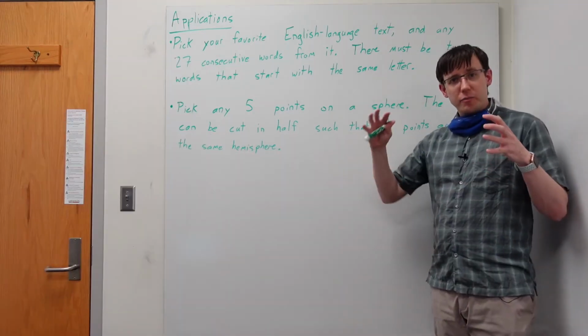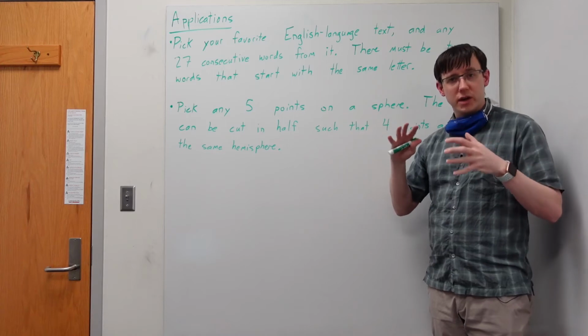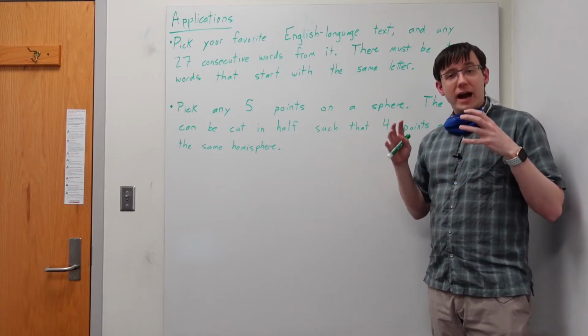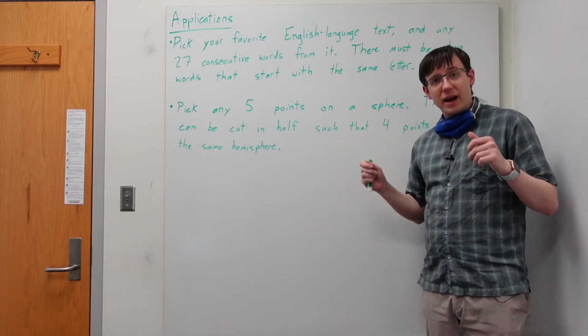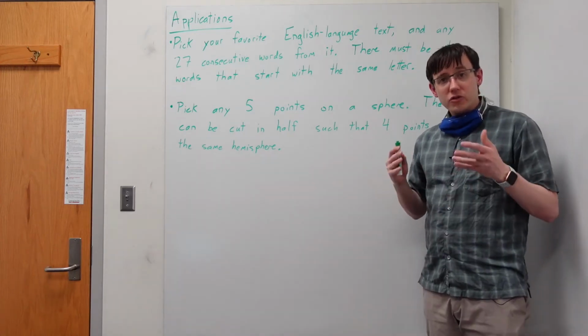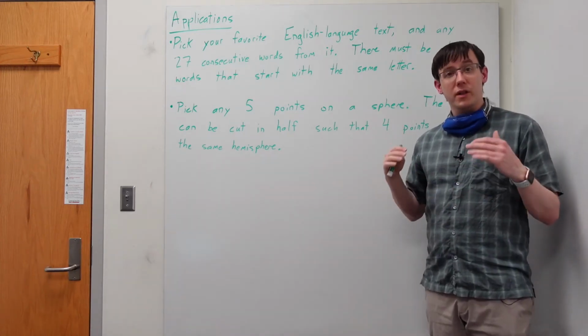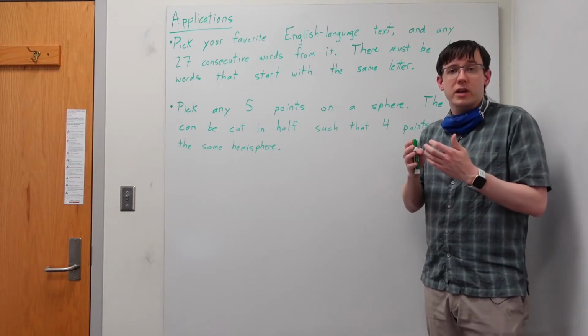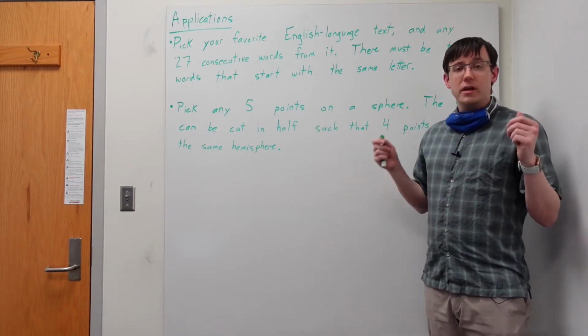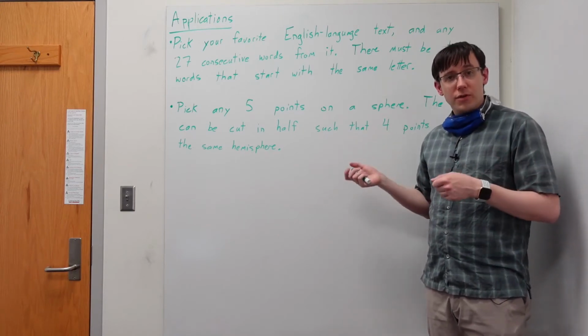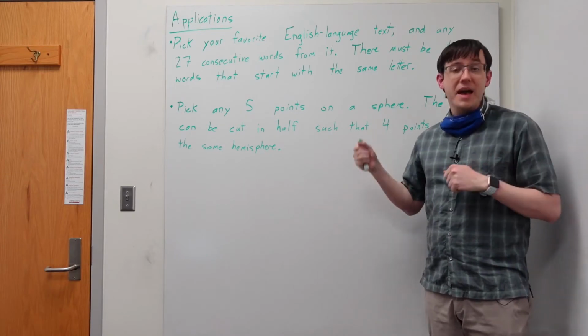If I gave you 5 points on the surface of a sphere, then, no matter how evil I was in picking out the 5 points, then it should always be possible for you to cut the sphere in half, that is, into 2 hemispheres, such that 4 of the 5 points are on the same hemisphere.